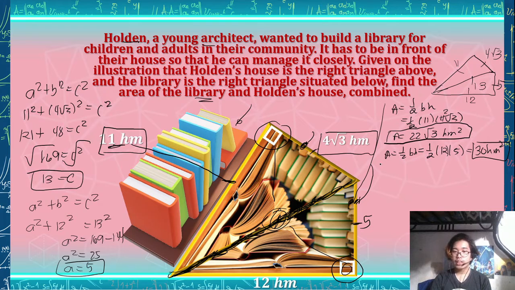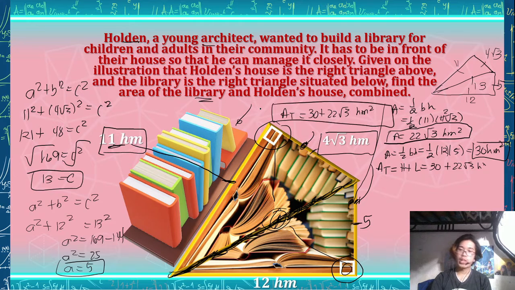So therefore, to get the total area, we have to add the area of Holden's house plus the library. Holden's house is equal to 30 square hectometers, and the library is equal to 22 square root of 3 square hectometers. So therefore, the total area for Holden's house and the library is going to be 30 plus 22 square root of 3 square hectometers.